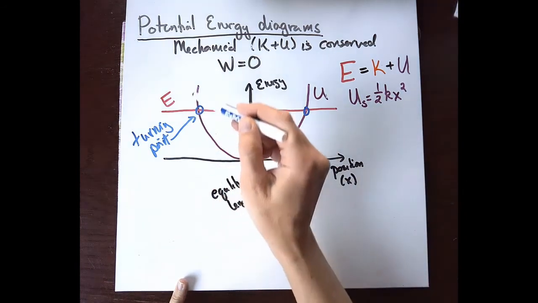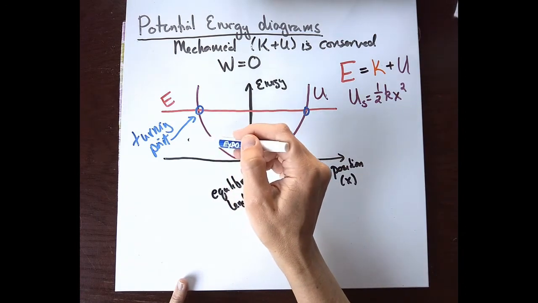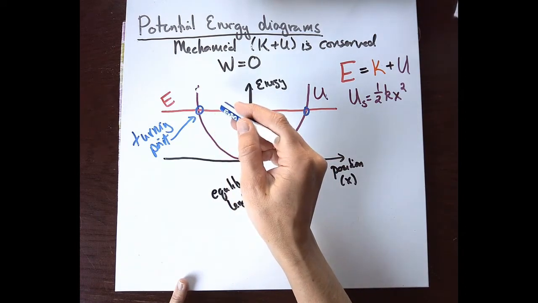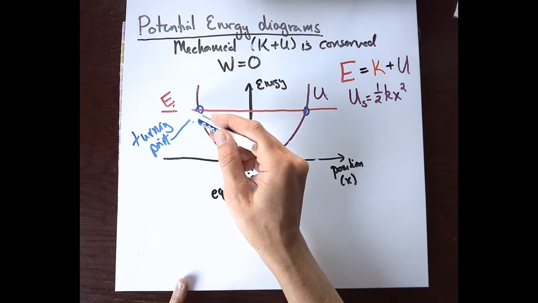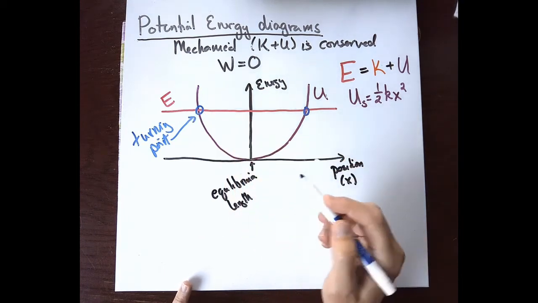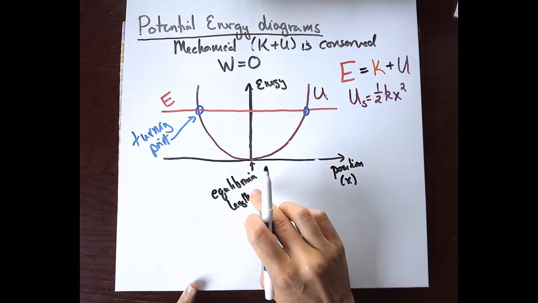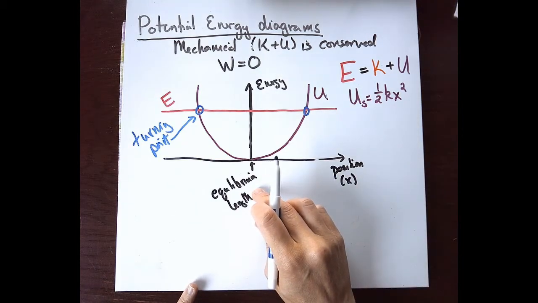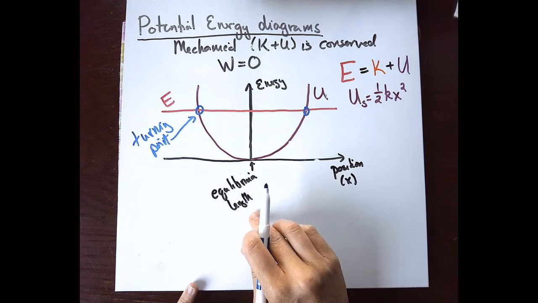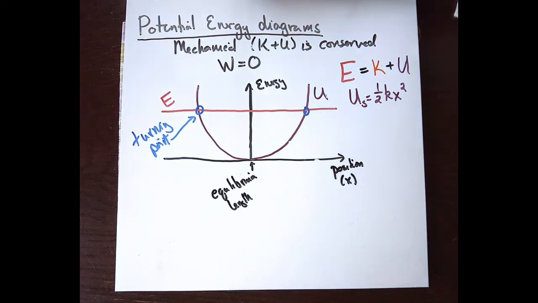Same thing over here, everything past this turning point is forbidden, because again, the potential energy is higher than the total energy. Can't have that, because you can't have negative kinetic energy. But now we've got another interesting point, this equilibrium point, at x equals 0, when the spring isn't stretched at all.